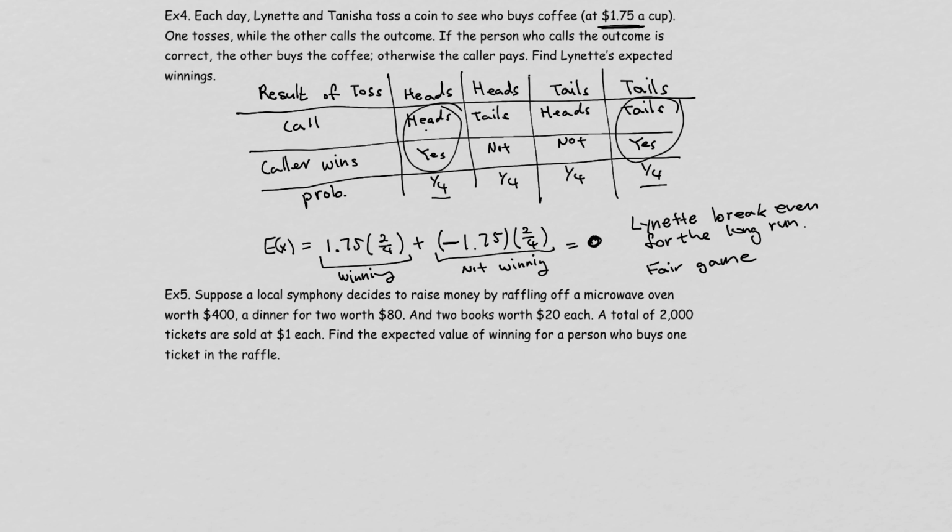And let's look at another problem, example 5. Suppose a local symphony decides to raise money by offering a raffle of a microwave oven worth $400, a dinner for 2 worth $80, and 2 books worth $20 each.